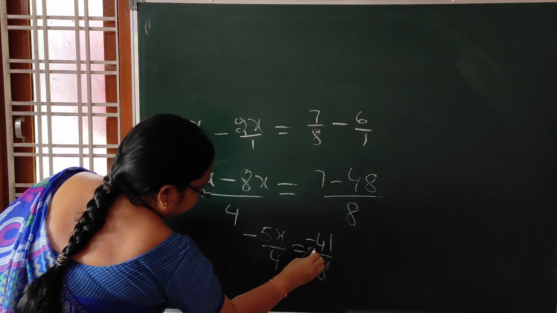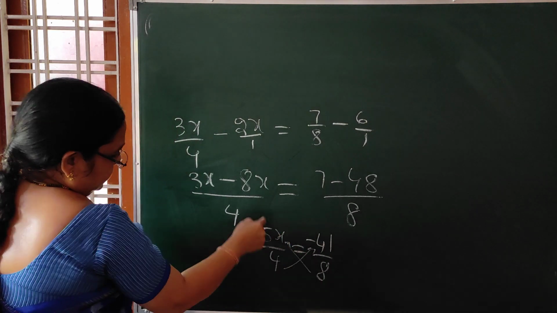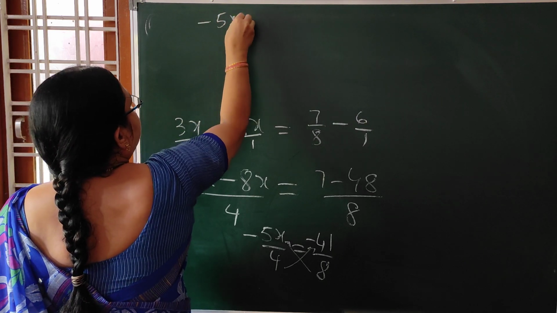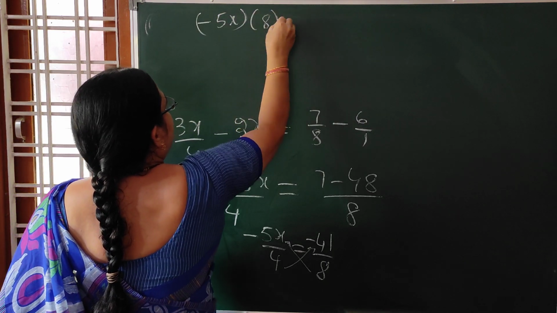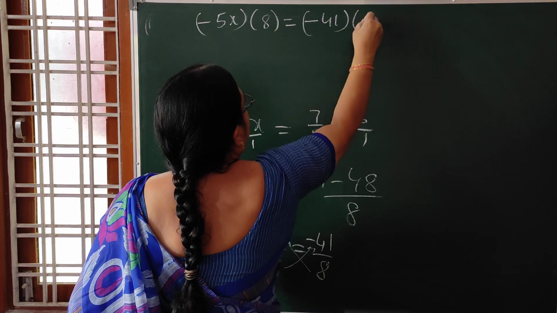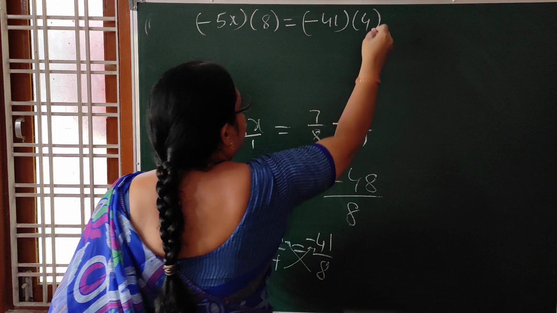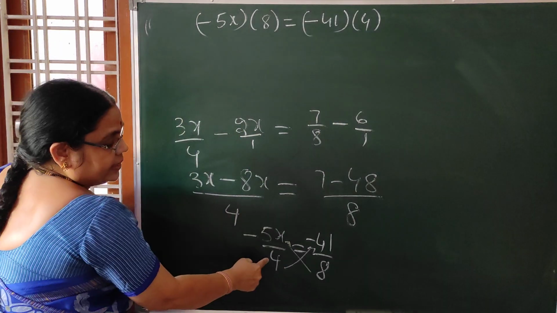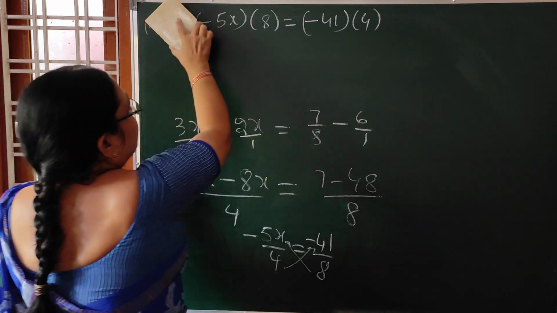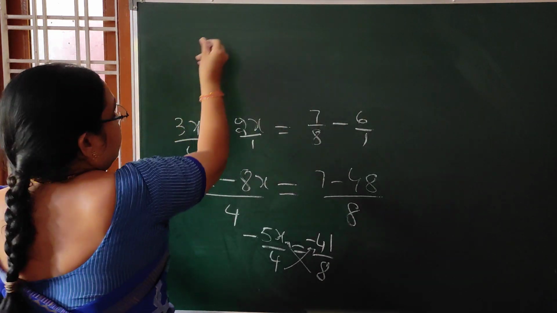Now cross multiply. That is minus 5x into 8 is equal to minus 41 into 4. Or this directly you can do. This divided by, when it goes to the opposite side, becomes multiplication. So directly you can do in this way also.